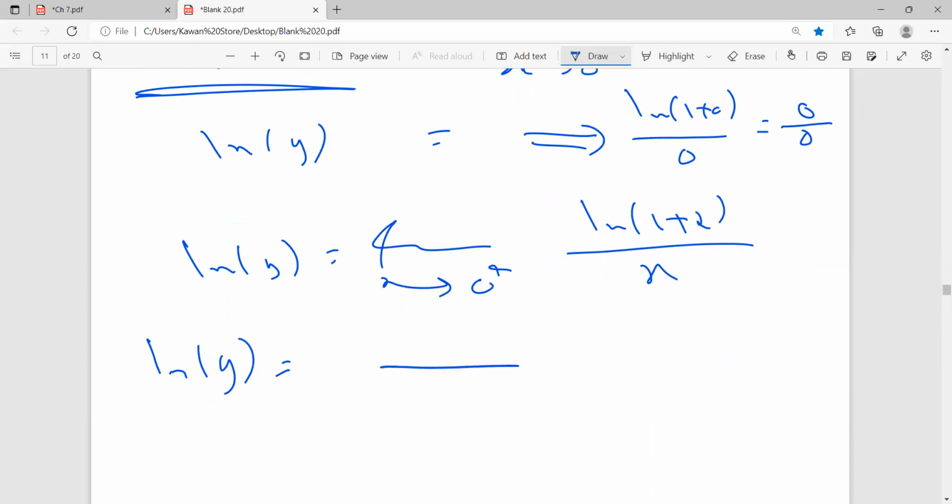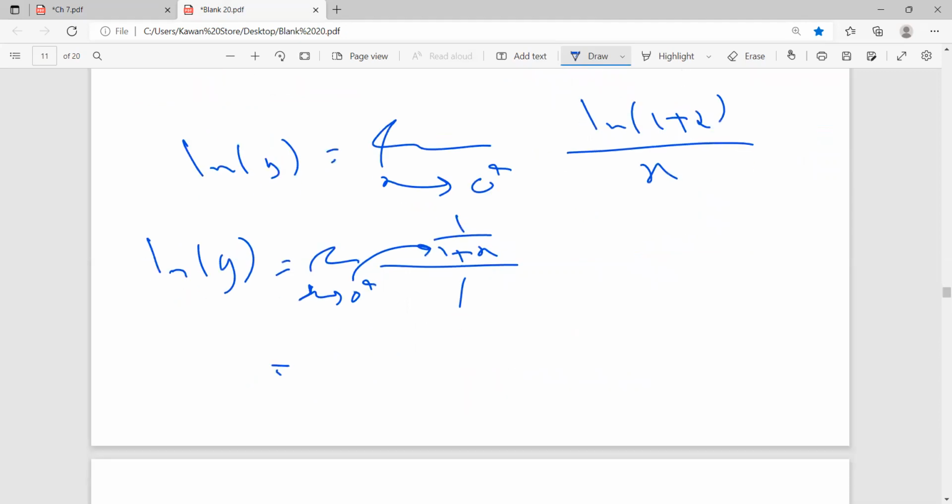Derivative of the numerator over derivative of the denominator: 1 over (1 plus x), right? When we substitute here, I will get what? Ln of y equal to 1. 1 over 1 is equal to 1. But I gave you y or ln of y?